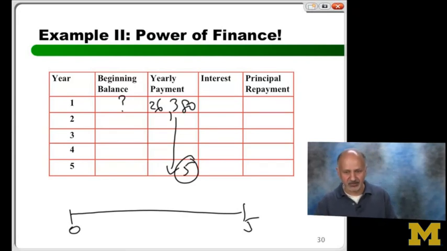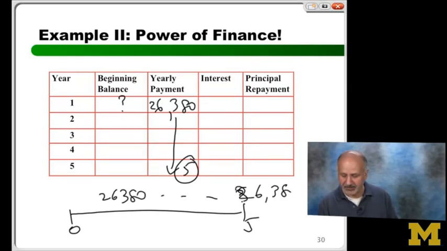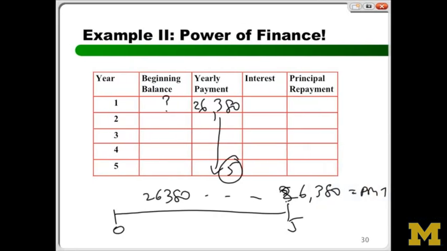So here's what you do. You make 26,380 the PMT, right? And what do you make n? 5. Yes? Because you owe 5 of these. What is the only other number you need to do?